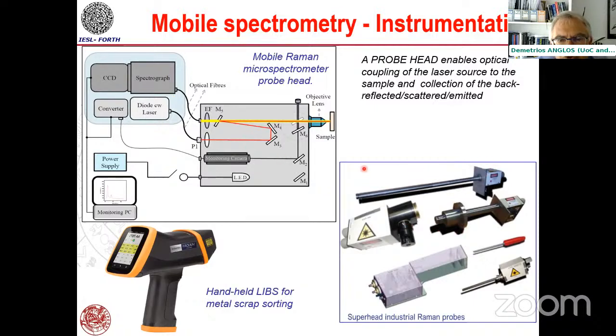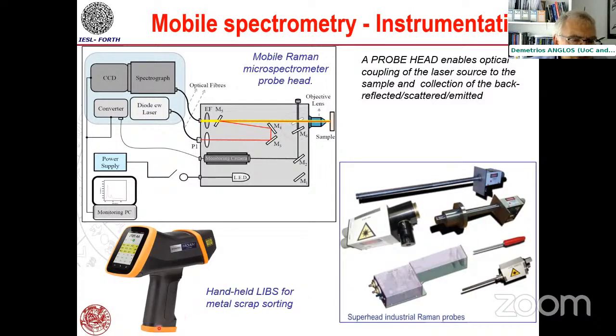There are different sorts of probe heads which can be adapted to various applications and can be adjusted to various instruments and various measurements, including industrial environments, online measurements for monitoring industrial processes and so on and so forth.